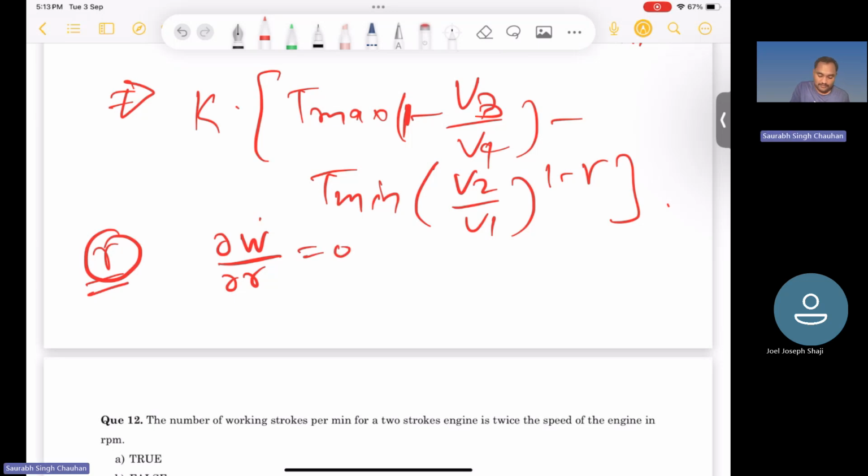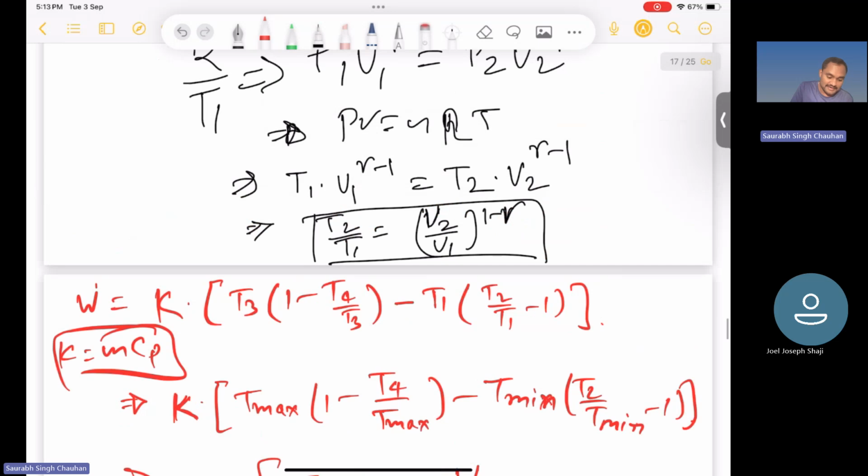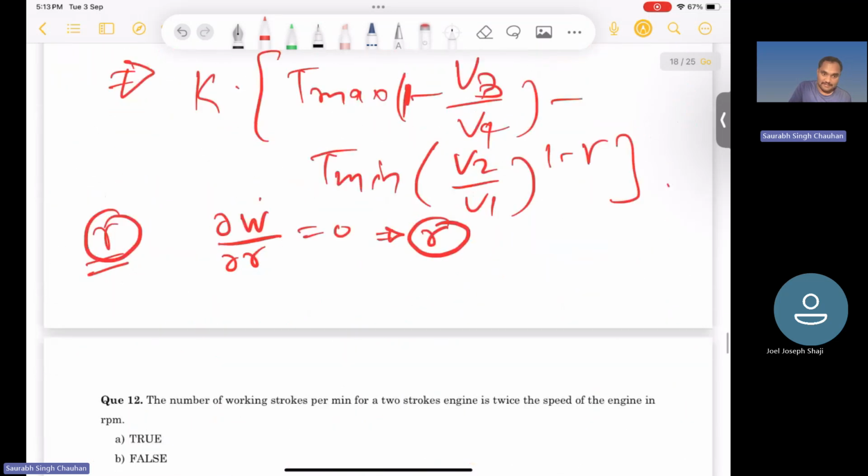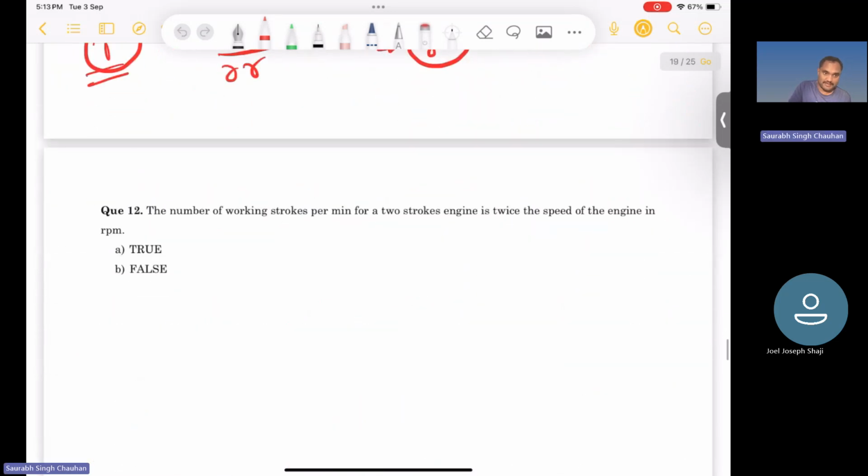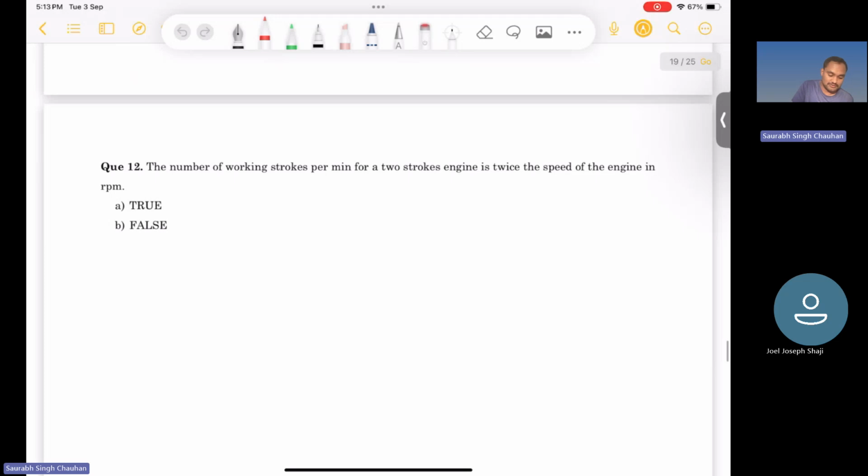Then whatever expression you get, from there you will find R, and that will be the corresponding compression ratio for which you will get the maximum work. Maybe it can be a little lengthy, so for the time being, we can skip. If we get time, then we will return to the question.